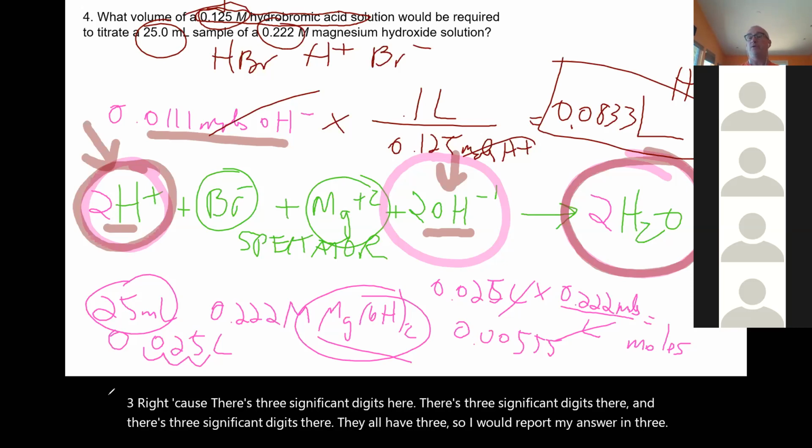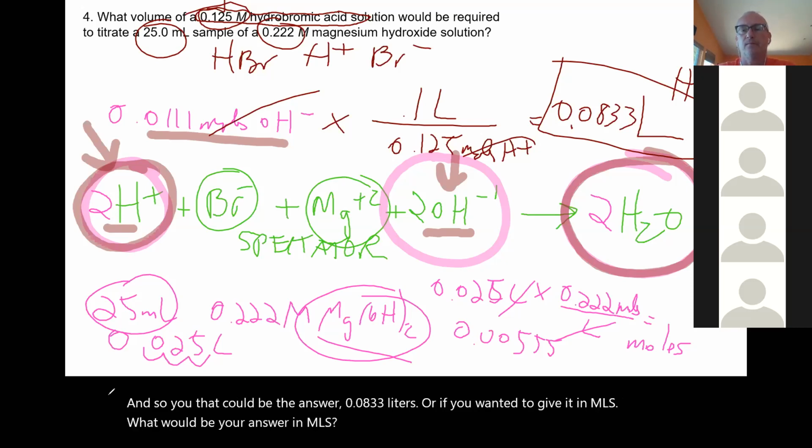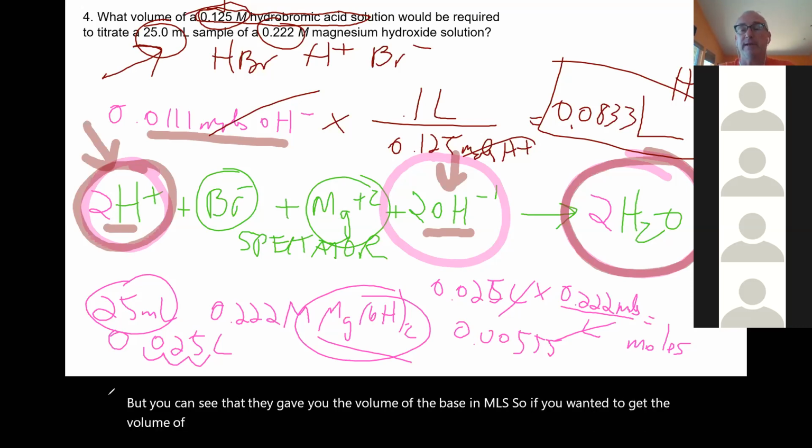And so that could be the answer, 0.0833 liters, or if you wanted to give it in milliliters, what would be your answer in milliliters? Because you can see that they gave you the volume of the base in milliliters. So if you wanted to give the volume of the acid in milliliters, what would the volume be?